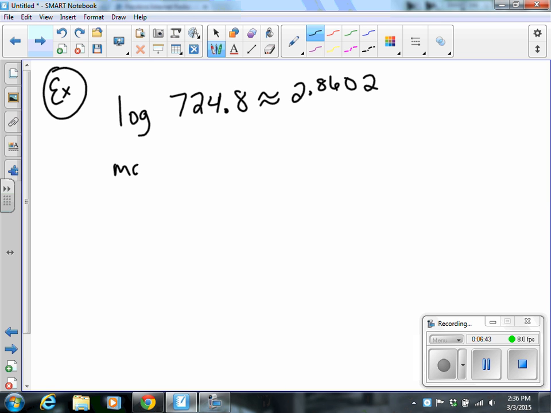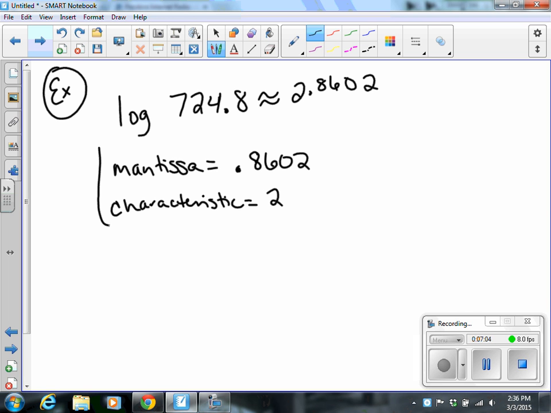So my mantissa, I'm just going to cut off the 2, is 0.8602. My characteristic is then just 2. Notice if I add the mantissa and the characteristic together, their sum will give me the log. Remember, the other thing to this, your number 724.8 cannot be a negative number. Just a helpful hint.